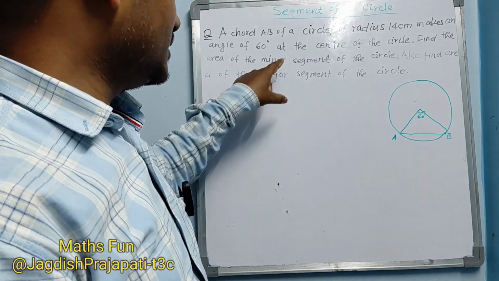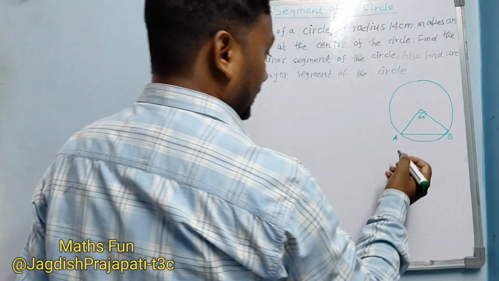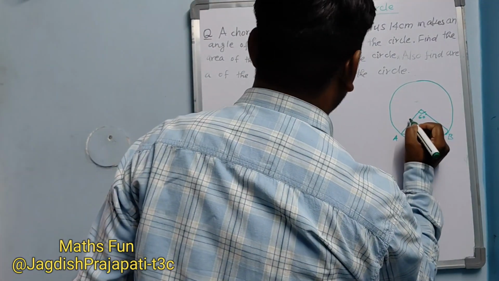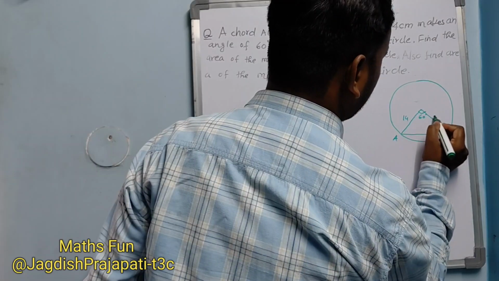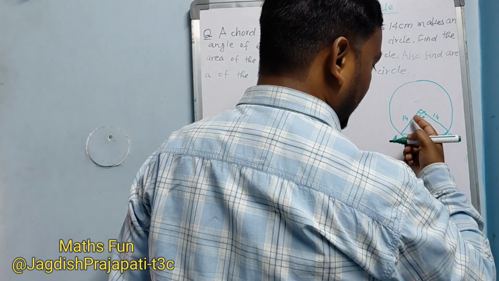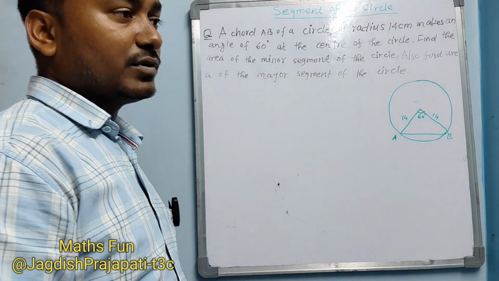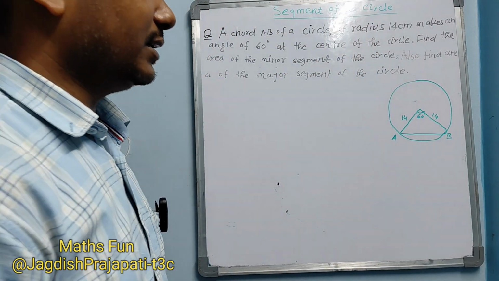Okay, so this is what we have to do in this problem. Now, r is given, this is 14 centimeter, this is also 14 centimeter. See, in a triangle, two sides are equal, and therefore their opposite angles are equal.